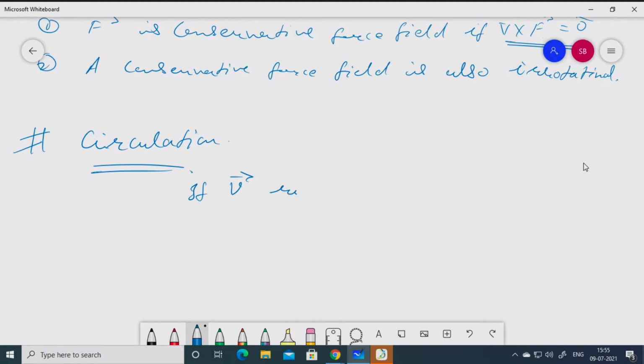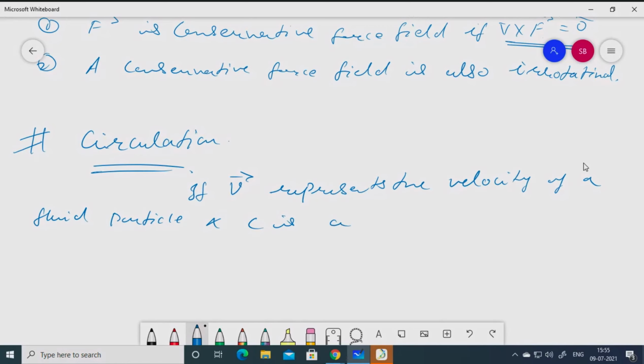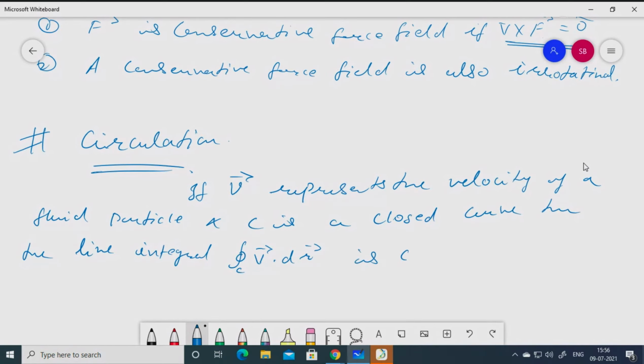Okay, so if v bar represents the velocity of a fluid particle and C is a closed curve, here it is mentioned C is a closed curve, then the line integral, since it is a closed curve, I'll put a circle on the integral sign, of v bar dot dr bar, and this result is called the circulation of v bar, the velocity vector, around this.